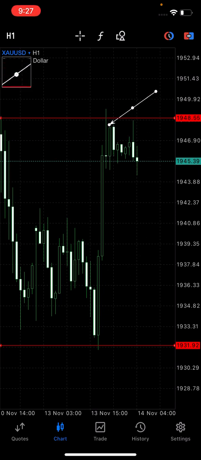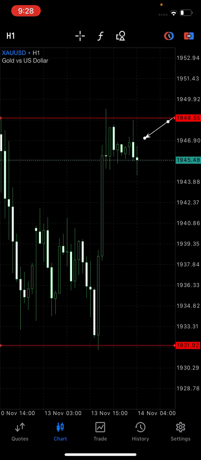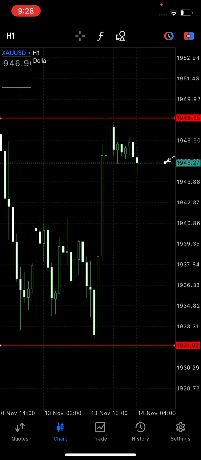These two wicks indicate that it's probably a possible downtrend, but we would really have to let the candlesticks do the talking. We would have to really see where the candlesticks go, which is going to help us determine what the trend will be.